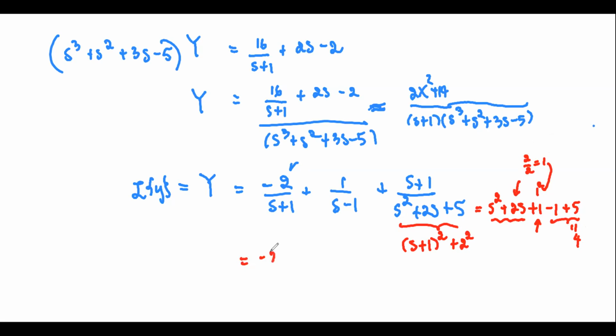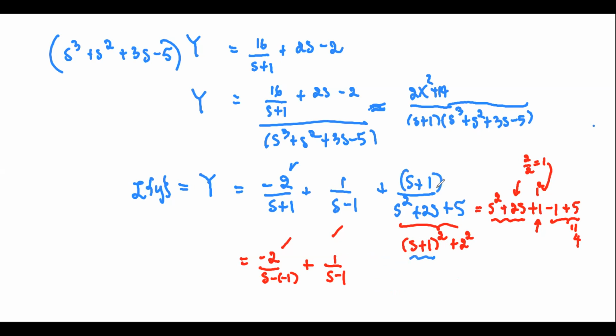So we get negative 2 over s plus 1. So I'm going to rewrite it as, it's already 52. We have to go soon. All right. So s minus negative 1, plus 1 over s minus 1. This one is already s plus 1.